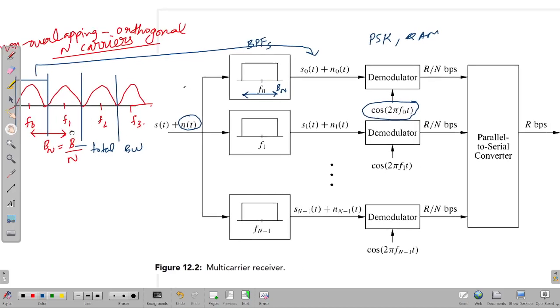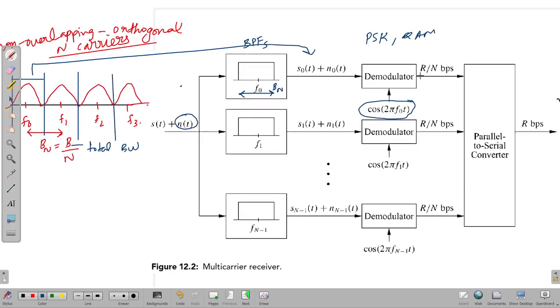Then the same process happens along different demodulator chains: cos 2 pi f1 t, and so on, up to cos 2 pi f(N-1) t. A parallel to serial converter converts these parallel data streams into the serial data stream. So in total, the output is R bits per second.